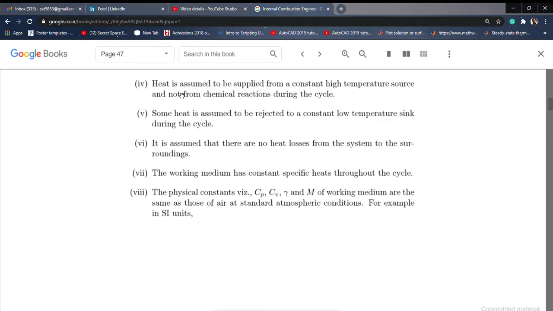Some heat is assumed to be rejected to a constant low temperature sink during the cycle. One thing to remember is that whenever there is a cycle, it operates between two temperature limits, a high temperature source and a low temperature sink.